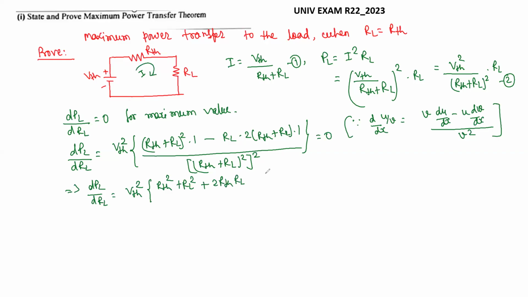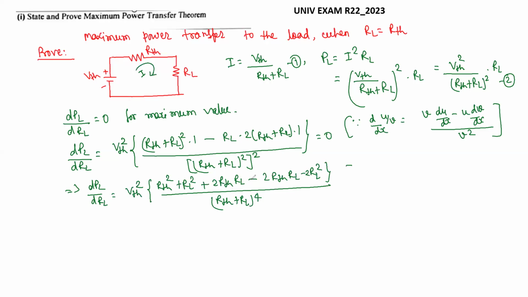And inside that, now you can expand this one. So we'll get again 2 RTH into RL minus 2 RL whole square. And here in the denominator, we'll have (RTH + RL) to the power 4. 2 into 2 here, power is 4.